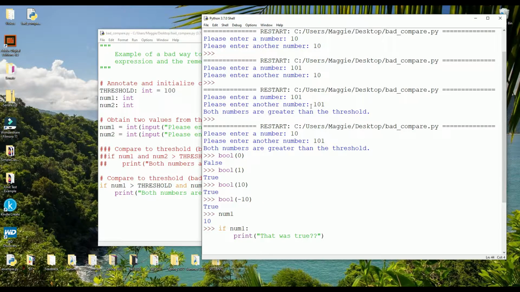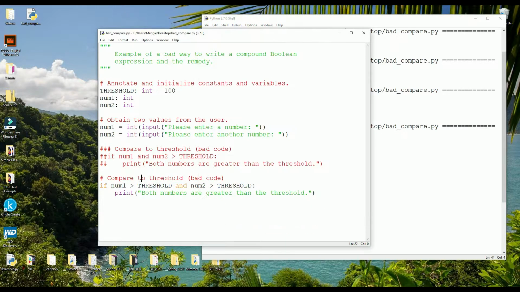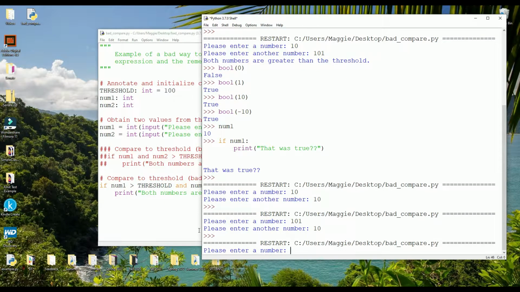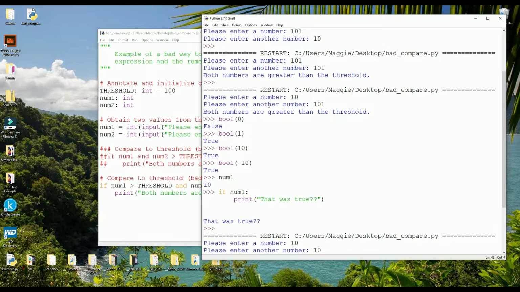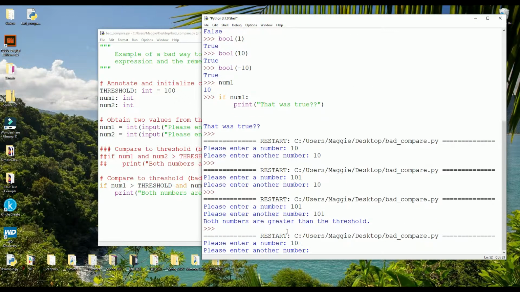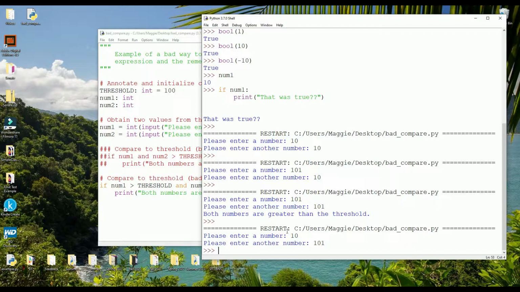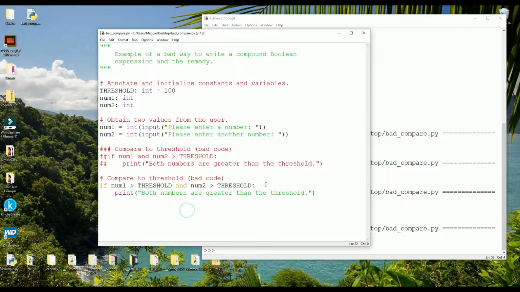Our next one was 101 and 101, and we should get a message. Very good. And our last one is 10 and 101. And in the bad code, we got a message, but we should not have. And we don't. So this is the correct way to write a compound expression like this.